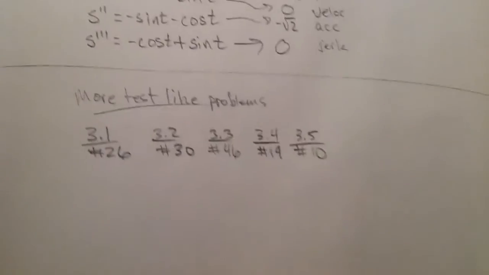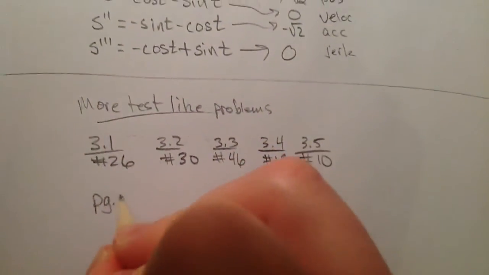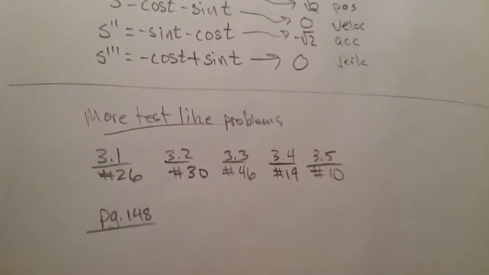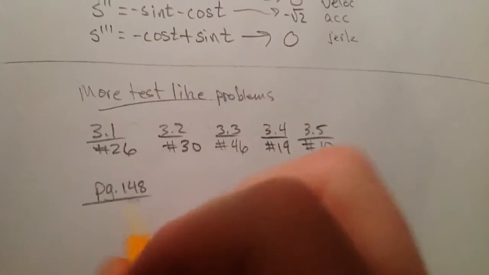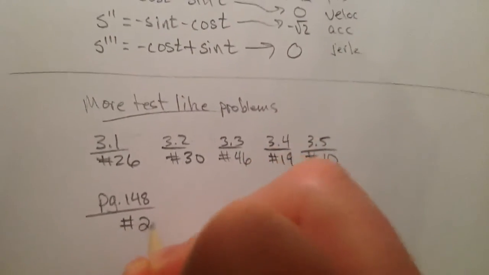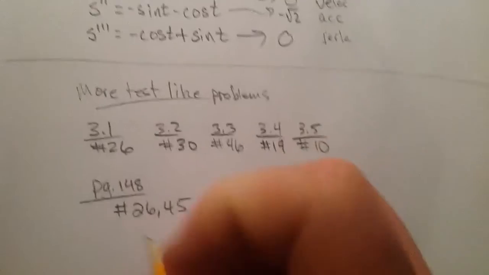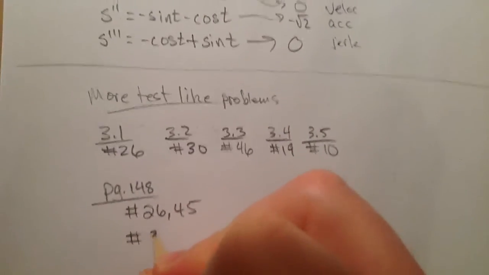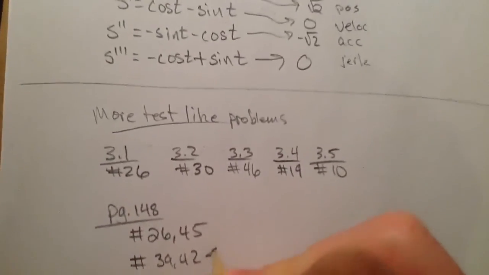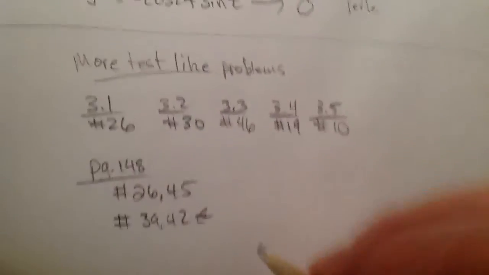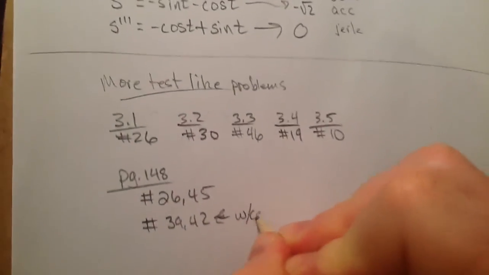And then on page 148, there are the review problems. Do numbers 26 and 45, and then also numbers 39 and 42. These say no calculator, but I say use your calculator.